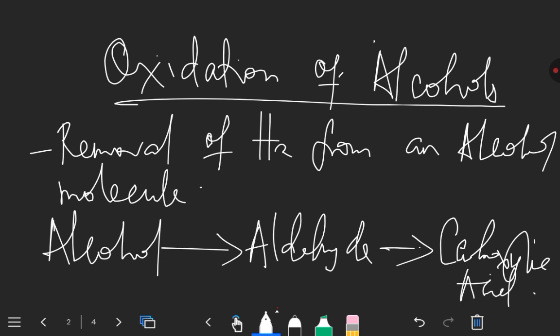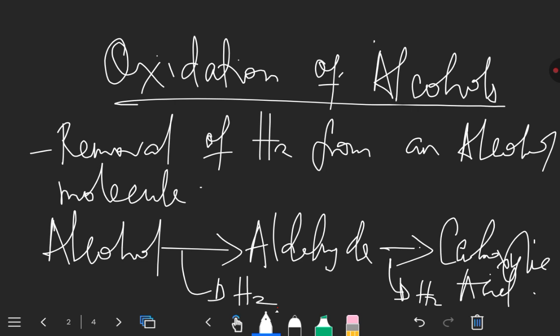So this is what is happening. In each and every step, we are simply removing hydrogen until you form this carboxylic acid. So this is what we mean when we are dealing with oxidation.